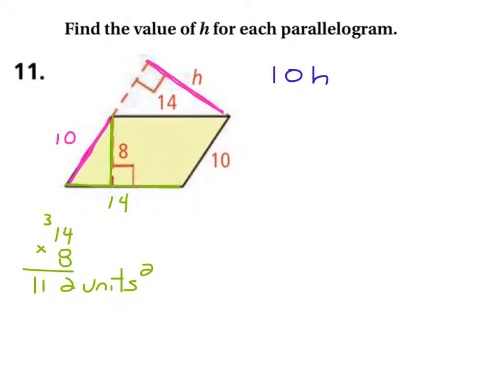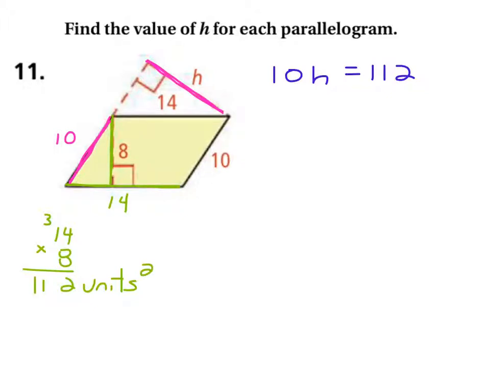Well, if we know what the area is, we know that 10h needs to multiply together to be the area of 112. We found the area using the two sides, the base and the height in green that you see. And we know then that what's in pink, that base of 10 and that height of h, 10 times h or 10h, has to be equal to the area of 112.